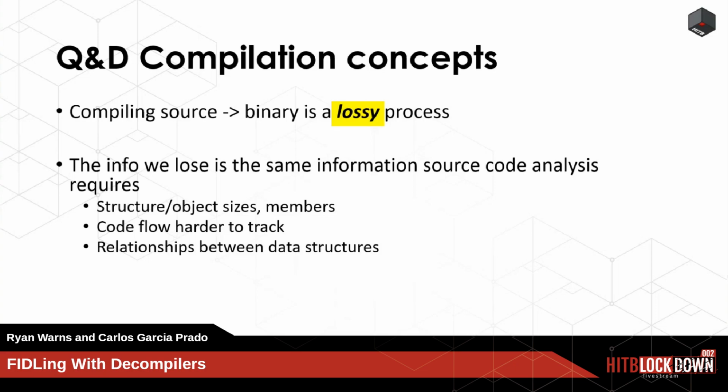So the compiler doesn't have any need to know how structure A is defined as long as it knows where the data is supposed to go in relation to everything else that's using that structure. So what ends up happening is we have all this information in our source code, but the compiler only needs like 60% of it. And that's before we even start to talk about things like function names, local variable types, all the stuff that would normally be in a PDB file, for example. We lose all of that.